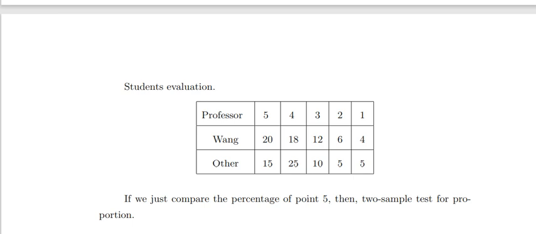And for the other professor, only 15 give 5, and 24 give 4.